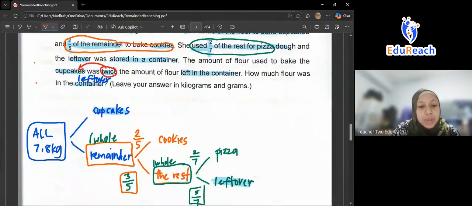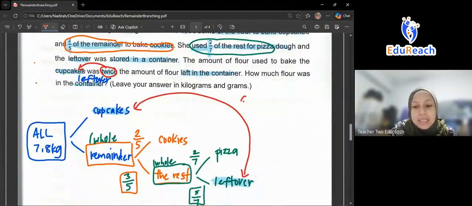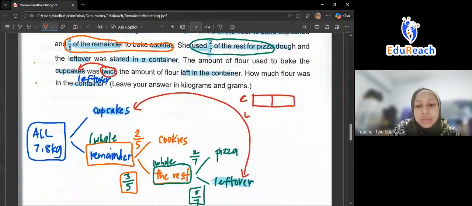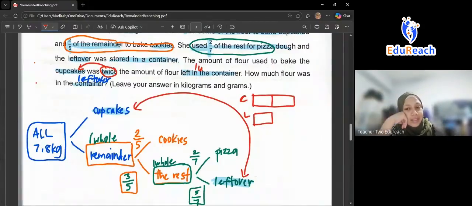So when we talk about the cupcakes and this leftover, cupcakes got 2 units. It's like me drawing 2 units and the leftover is 1 unit, right? The second item is always 1 unit. So that's the only thing they mention in the question.